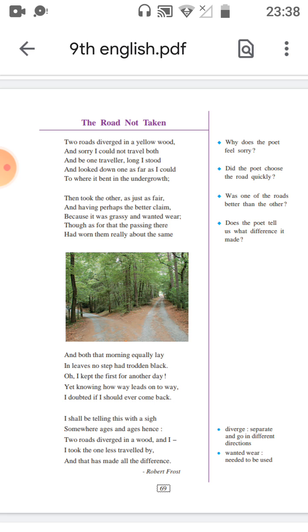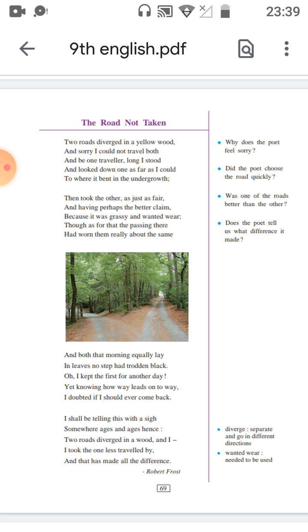Okay, then: yet knowing how way leads on to way, I doubted if I should ever come back. Here the poet knew one decision led to another, and he doubted if he would ever come back. Okay, this is in our third stanza.